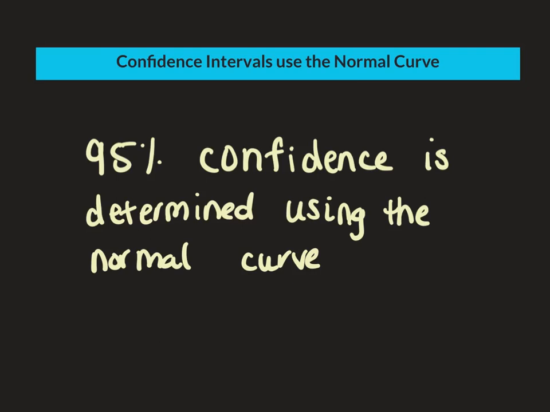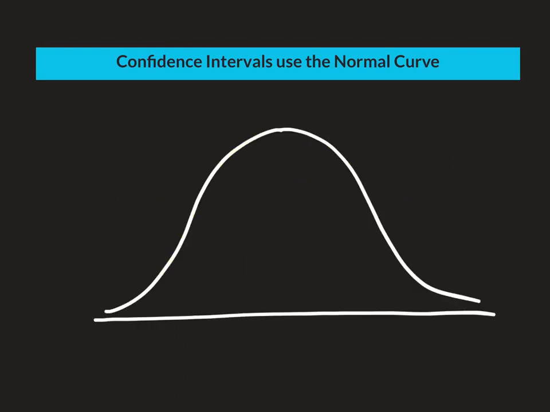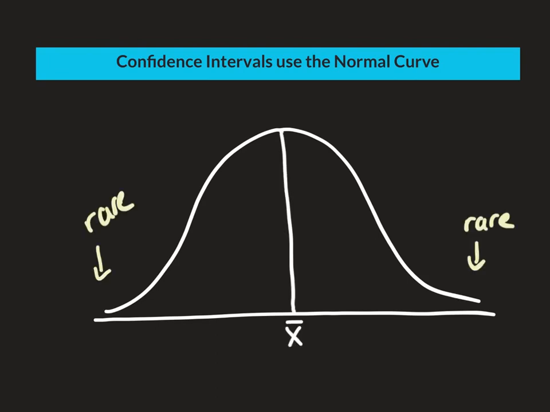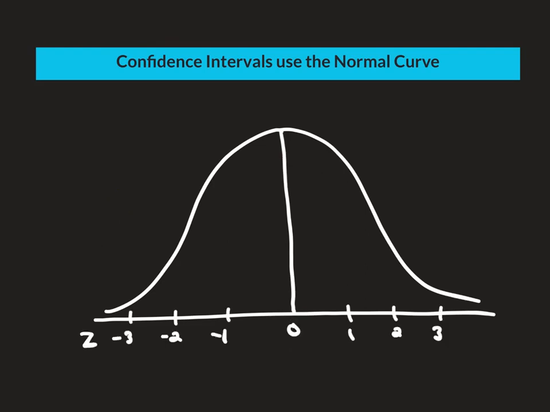Let's briefly review some important aspects of the normal curve to get us ready for understanding statistical significance and hypothesis testing. When we draw the normal curve, the mean is at the middle, and scores become less likely as we move out from the mean. We chart those movements using standard deviations or z-scores. Standard deviation can be thought of as error in the mean.